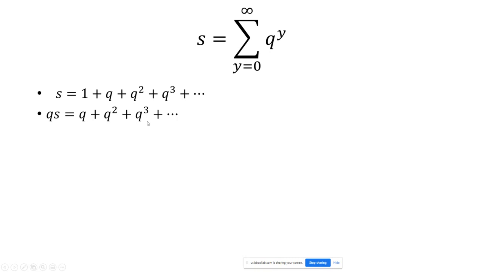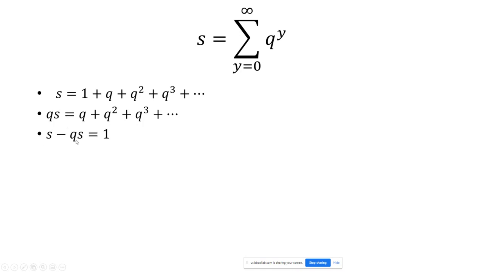Why is that a convenient thing to multiply by? Let's subtract these two lines.